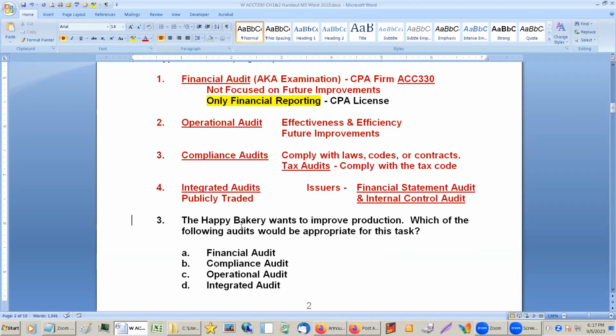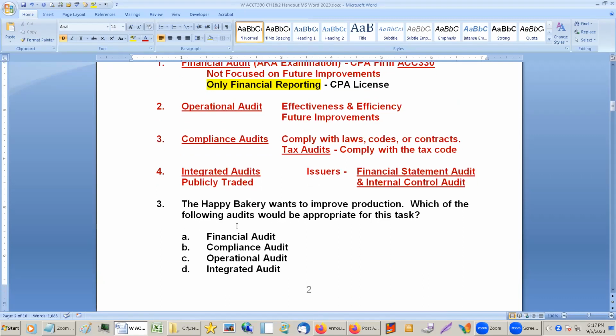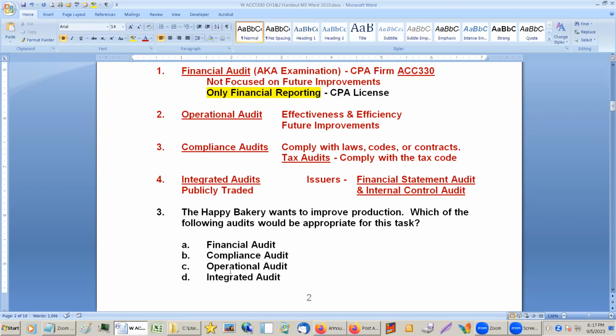The Happy Bakery wants to improve production. Which of the following audits would be appropriate for this task? Operational? Operational audit, they're trying to improve, so you're gonna go in there and try to help them improve their production.